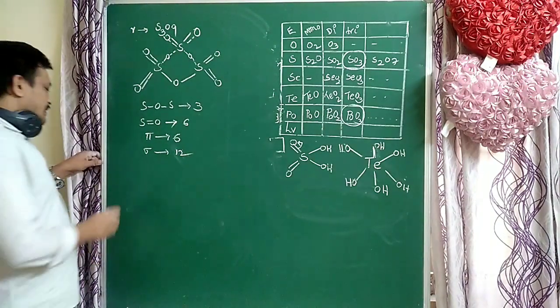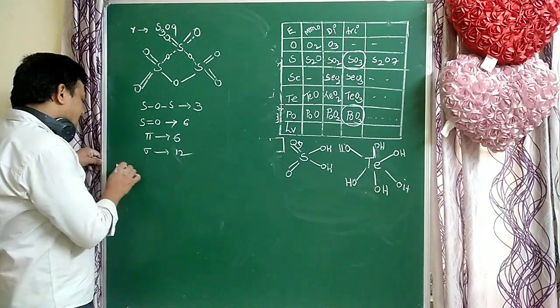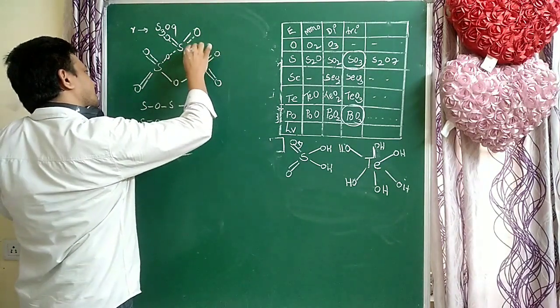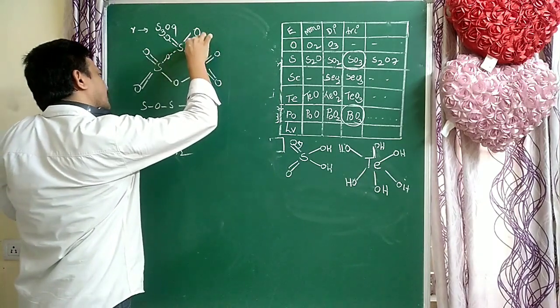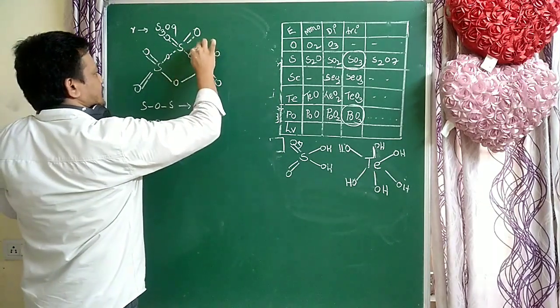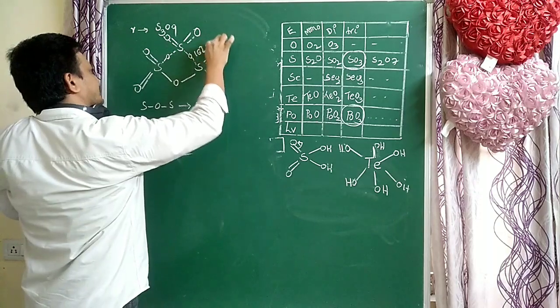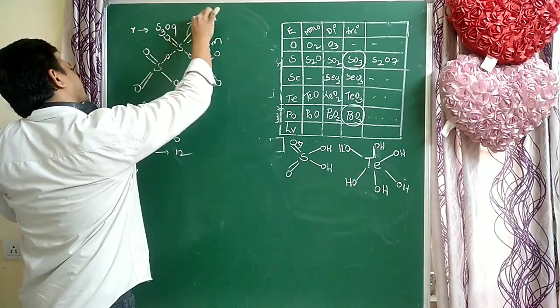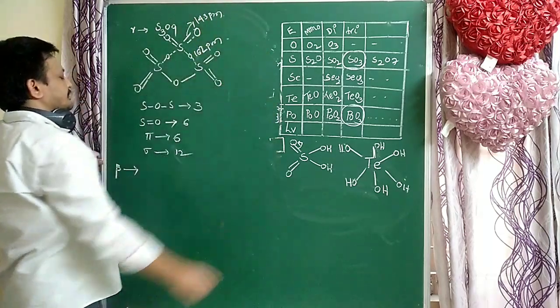Next, the beta form is a polymeric form with bond length approximately 161–162 picometers, while the S=O bond is approximately 143 picometers.